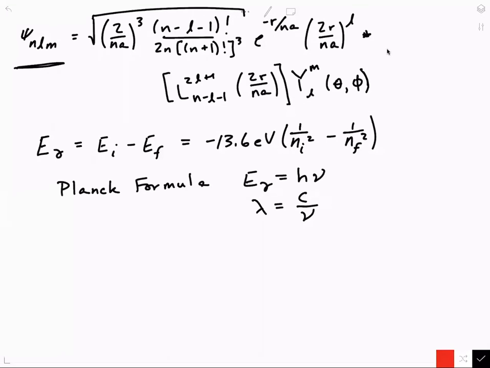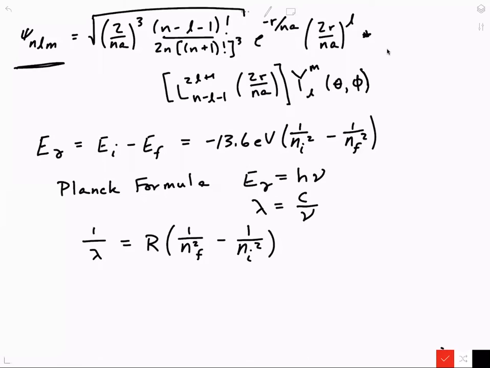So if we look at this relationship, we can say that 1 over the wavelength of light equals R times 1 over our final n squared minus 1 over our initial n squared.